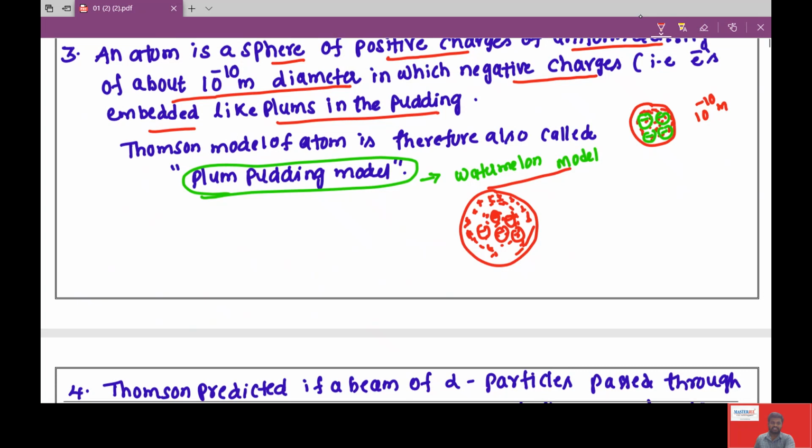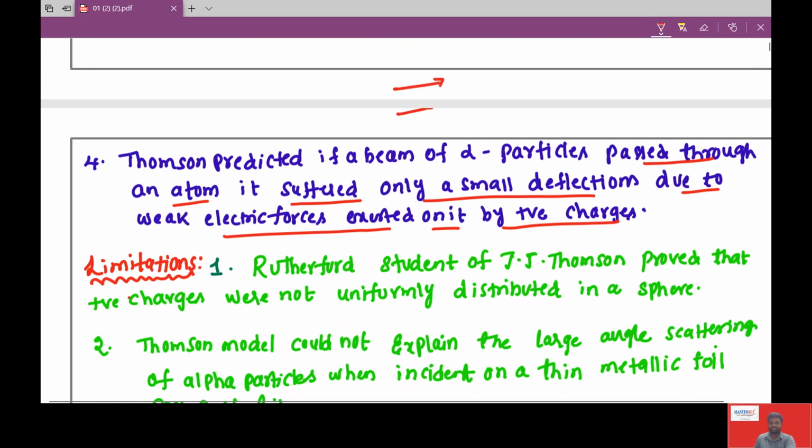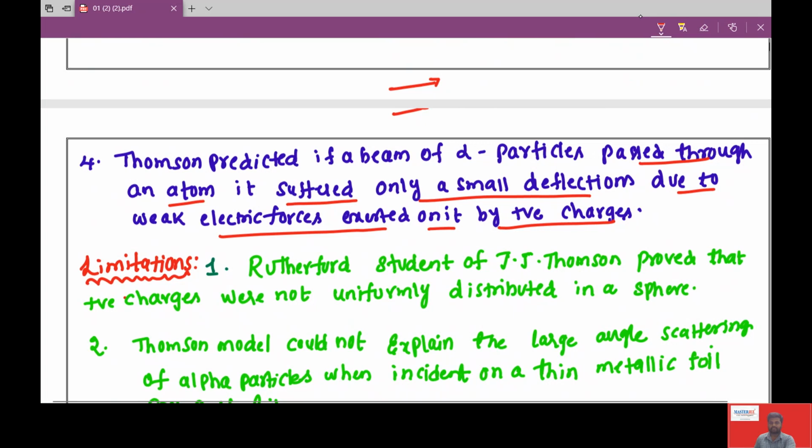Next, the fourth one: Thomson predicted that if a beam of alpha particles passed through an atom, it suffered only small deflections due to weak electric forces exerted on it by positive charges. So what he predicted is, if you take a beam of alpha particles passing through an atom, it experiences very small deflections.